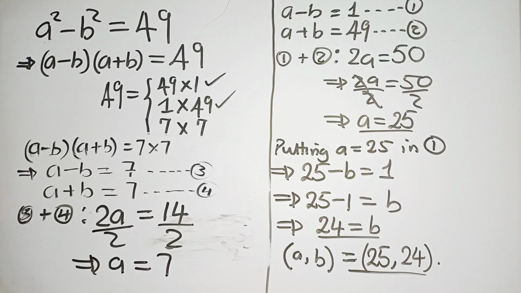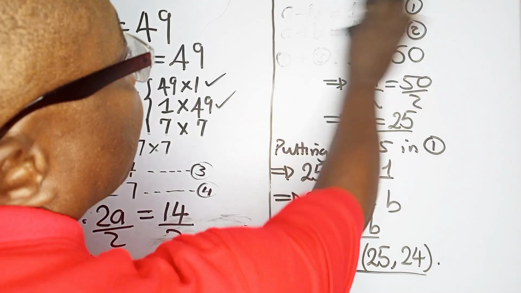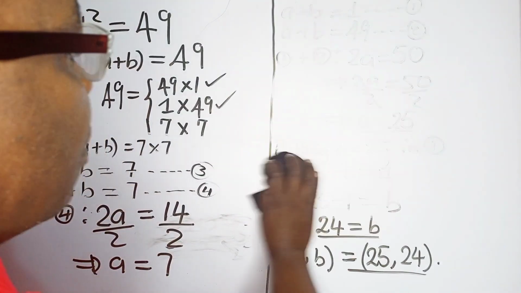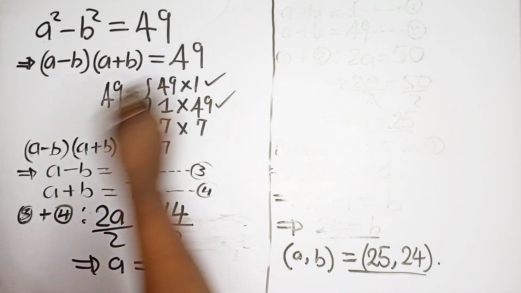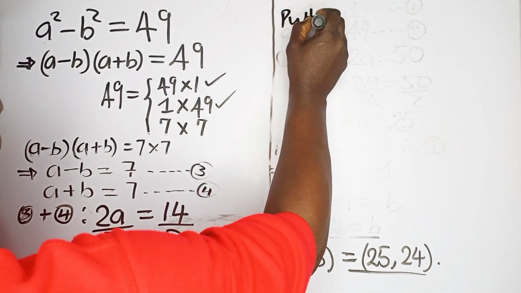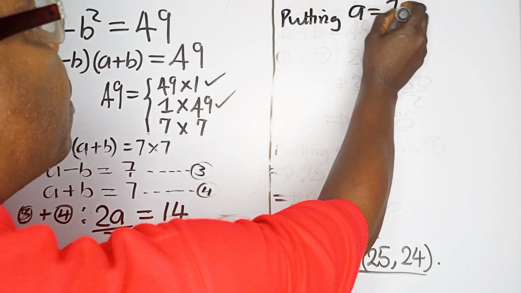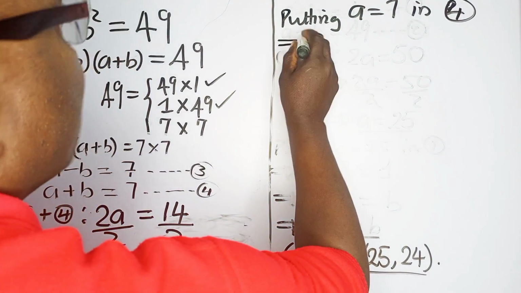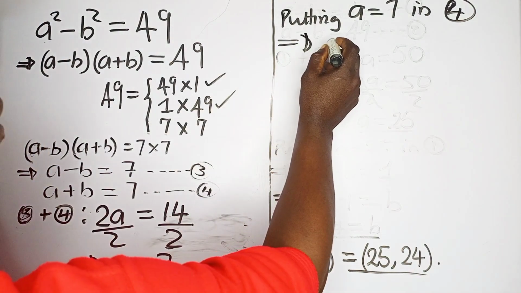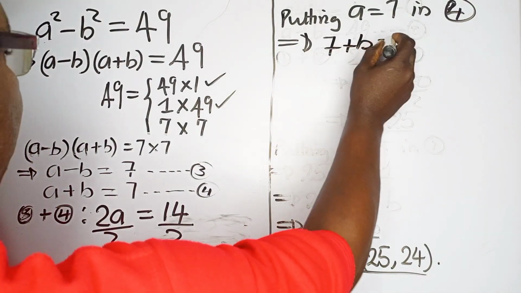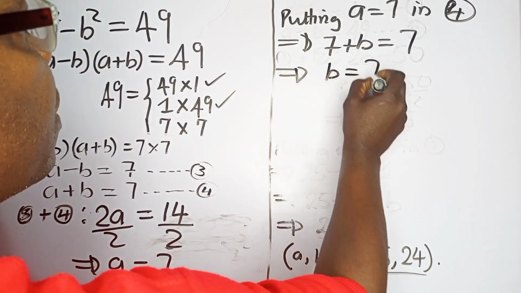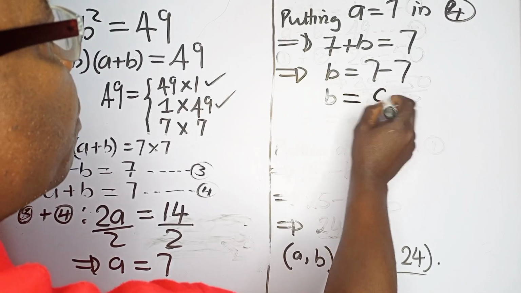Now, if the value of A is 7, putting A equals 7 in equation 4, for example, this is our equation 4. So we're saying 7 plus B will give us 7. So what is B? B will just be 7 minus 7. So the value of B will be 0.